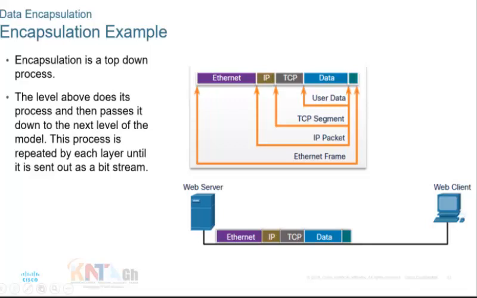So here, a bit stream is supposed to be sent from the web server to the web client, and the data is encapsulated. It's encapsulated with all the necessary information: the TCP protocols, the internet protocols, and the Ethernet protocols. All of them have been wrapped and added to the data to be sent to the next level of the layers in the OSI model.